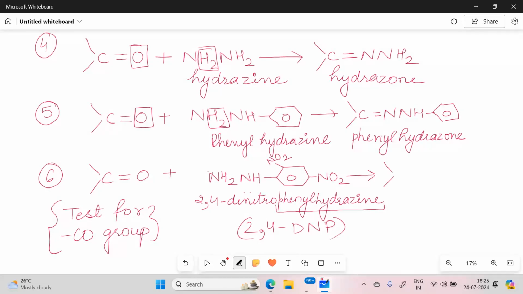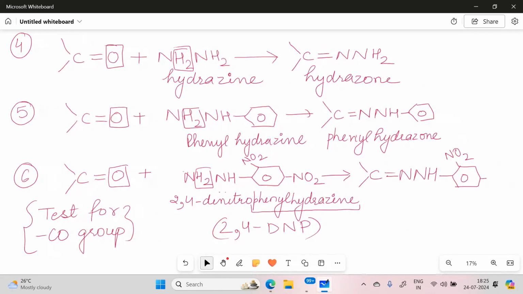Pradhanya, you tell me the answer for this. So you remove O and then H2, it becomes NNH and then a benzene and then NO2 in second and fourth position.